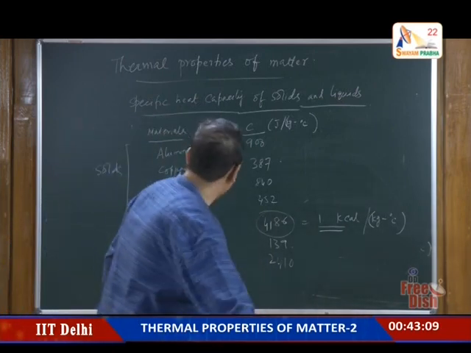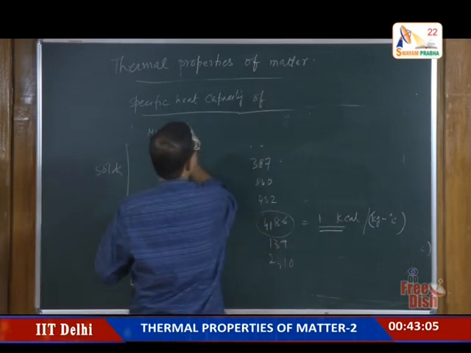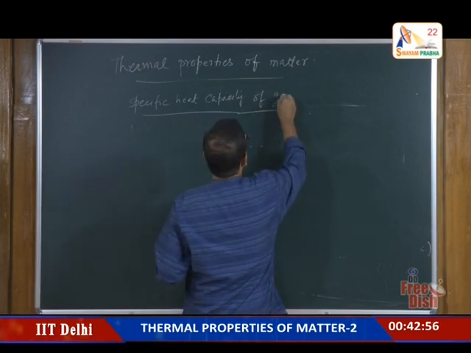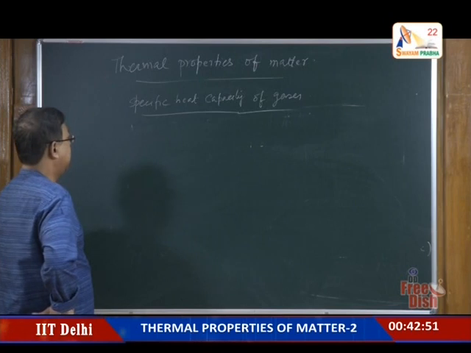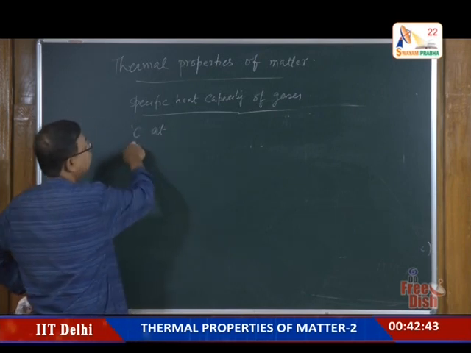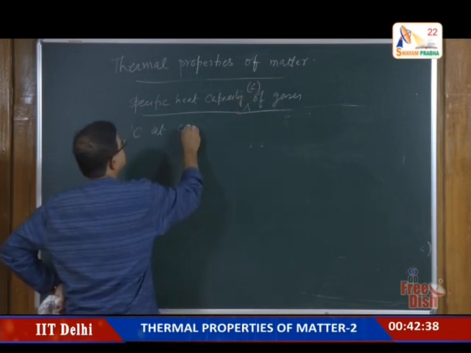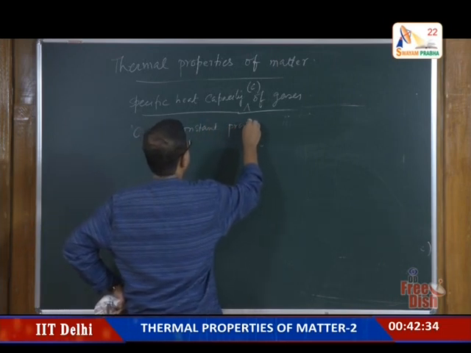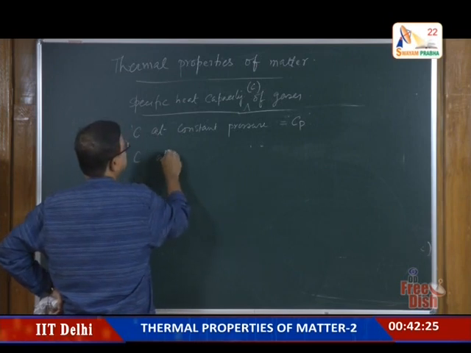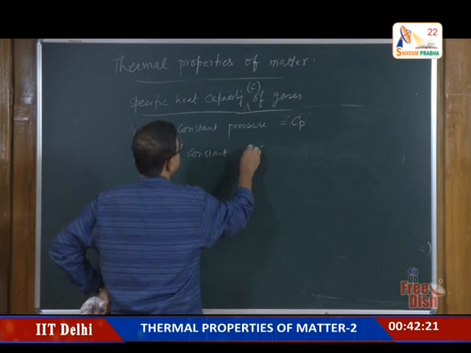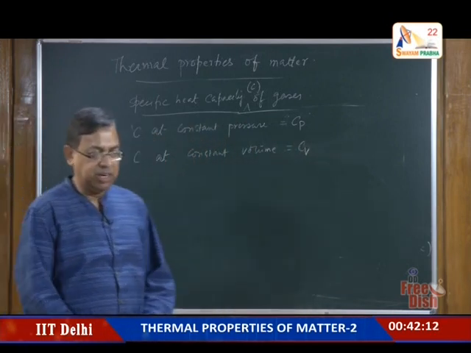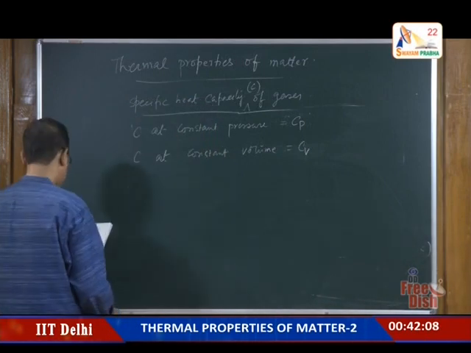So we'll call the specific heat capacity for gases, denoted by the letter C, at constant pressure Cp, and C at constant volume Cv, and some representative values again for certain gases which are very familiar to us.